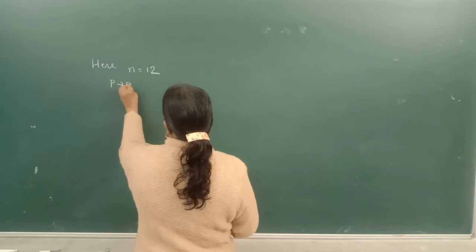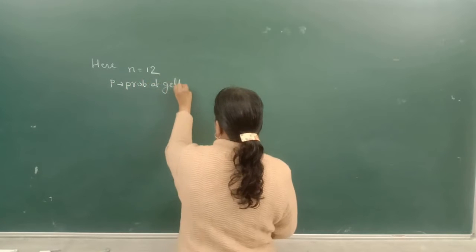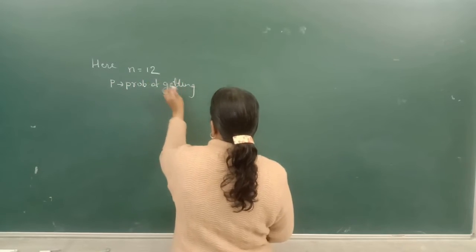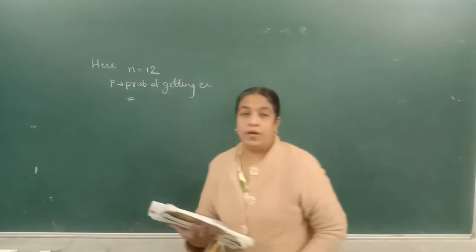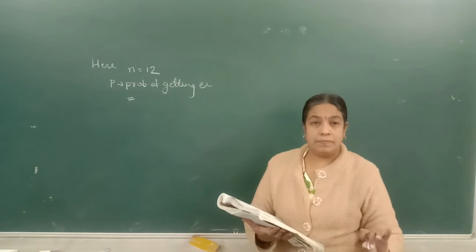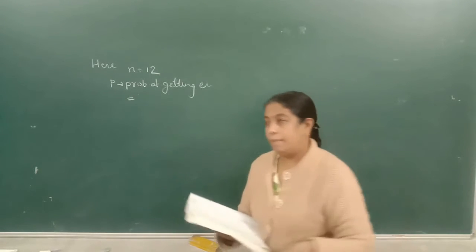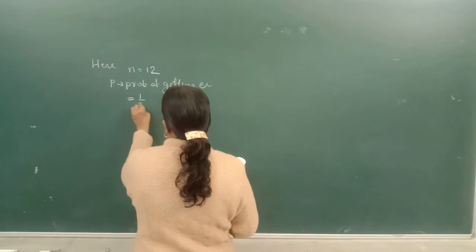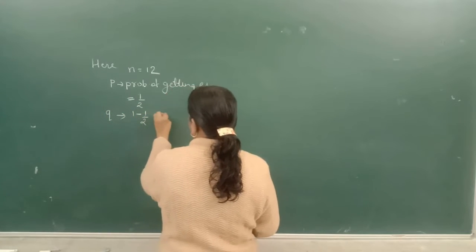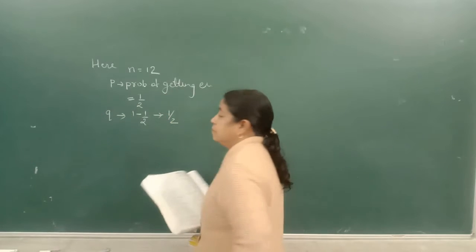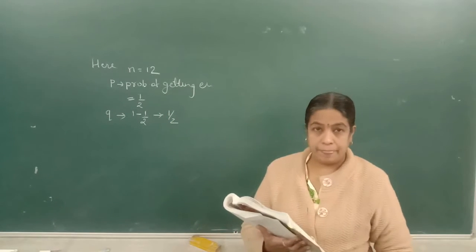P is the probability of getting a head in each event, not in total, in each event. We know that when a coin is tossed, there are two possibilities, either head or tail. So what is the probability of getting a head? 1/2. So p is equal to 1 by 2. Naturally q, that is not getting a head, is 1 by 2. These three major parameters we have got.